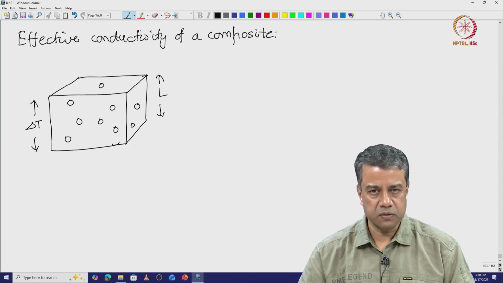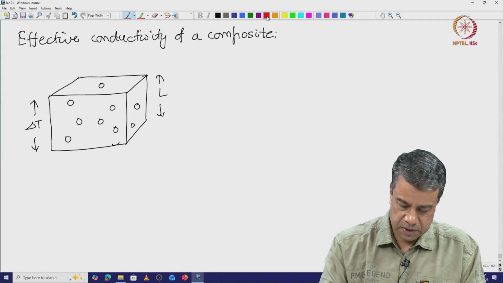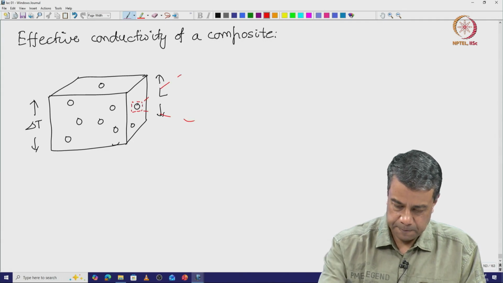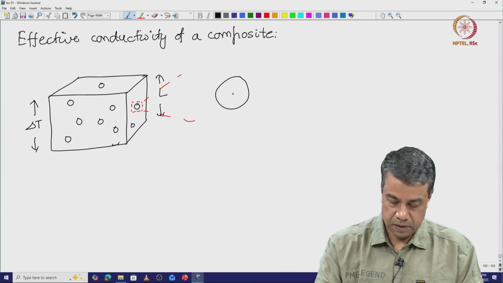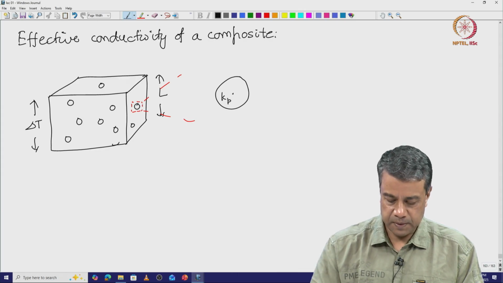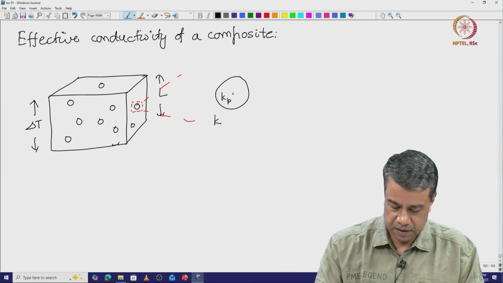If you look closely at one particular spherical inclusion, this is a spherical particle with thermal conductivity Kp, which is different from the matrix conductivity Km.